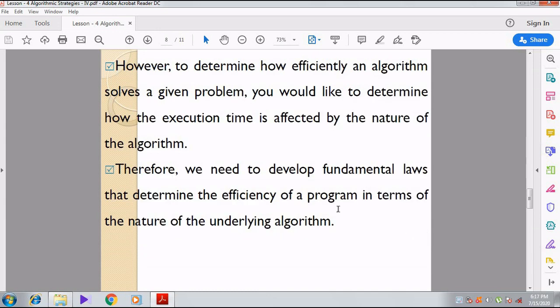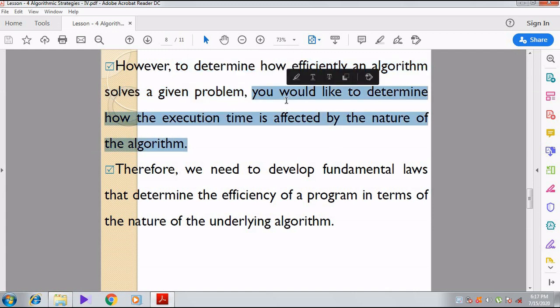Now see here, again they are trying to say the same thing. However, to determine how efficiently an algorithm solves a given problem, you would like to determine how the execution time is affected by the nature of the algorithm. So we want to find out whether it is only based on the system, only based on the compiler, whether the algorithm is affected only by the operating system or only because of the programming language.